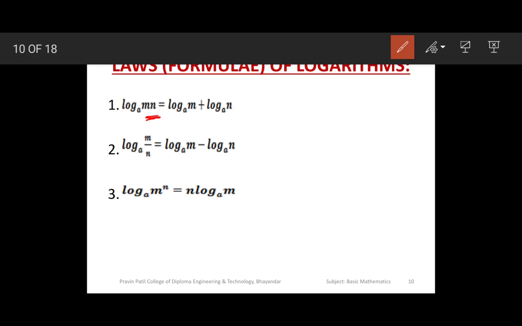So here it is multiplication, right? m into n is given. So multiplication will be log m to the base a plus log n to the base a. For example, if the question is log 7 into 8, that is equal to log 7 plus log 8.